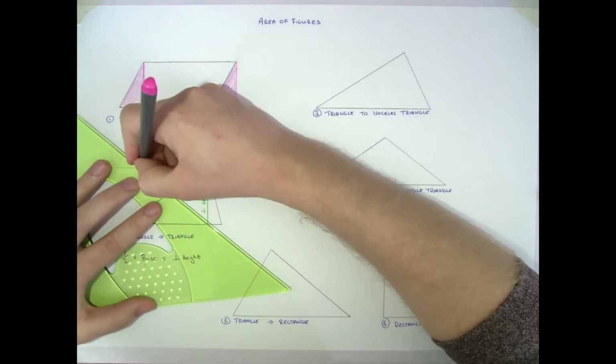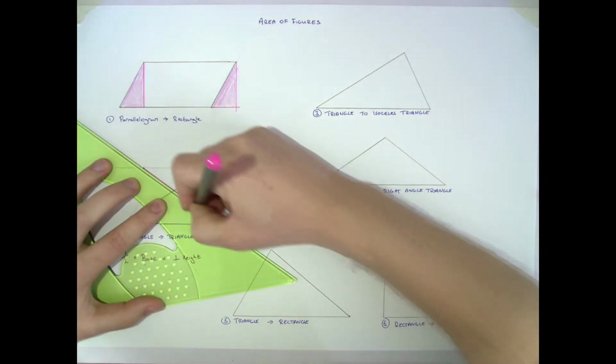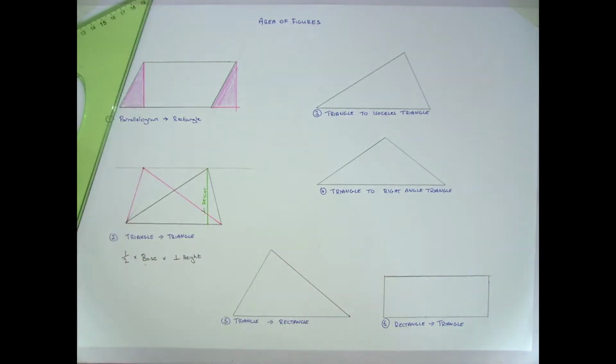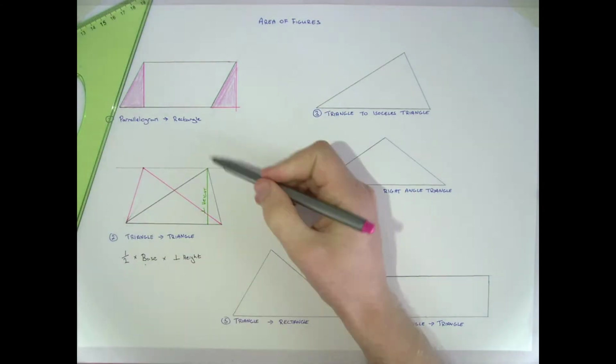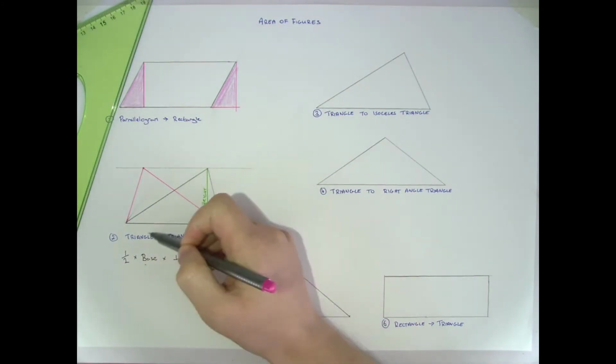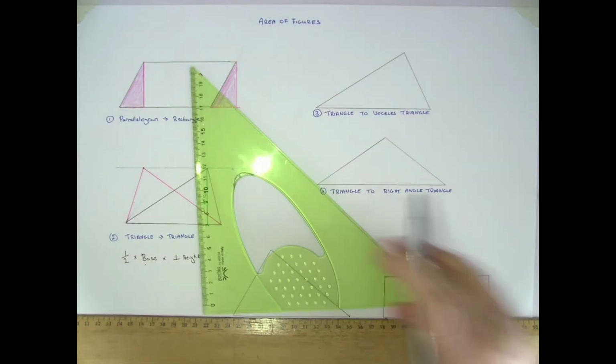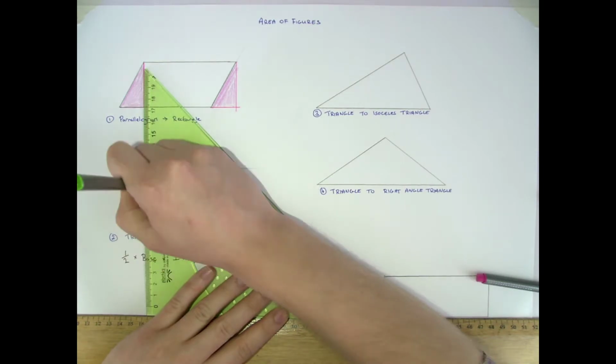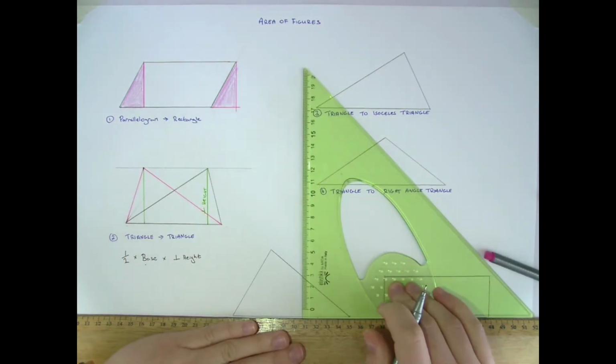So picking that point from here down to the base, this pink triangle now has the same area as the pencil one, as it has the same base and its perpendicular height is the same.